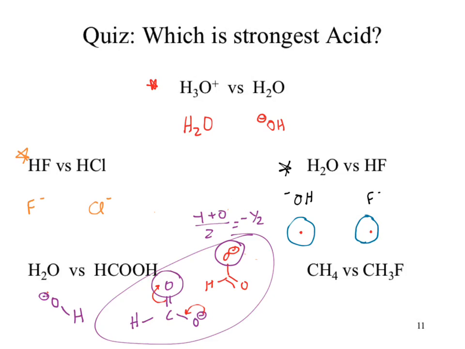Which is more charged, -0.5 or -1? -1 is more charged. So resonance, again, stabilizes our charge. The more stable the conjugate base, the more acidic our original compound. The last one is an inductive effect. It's the same kind of rules.